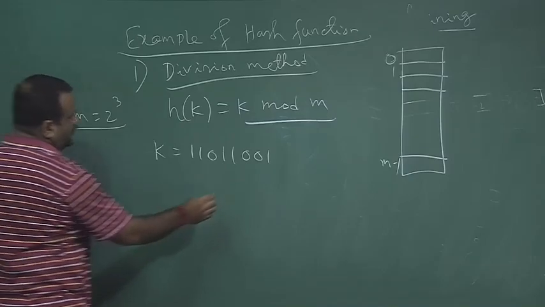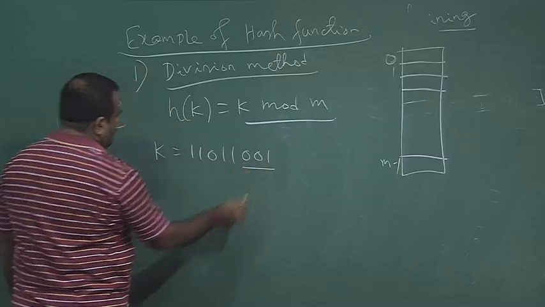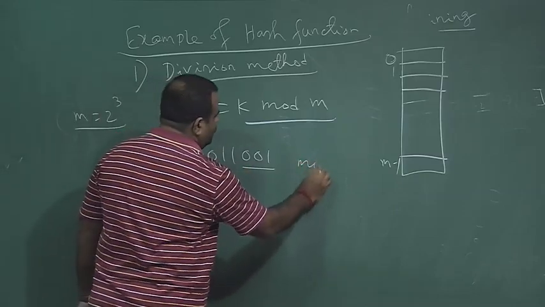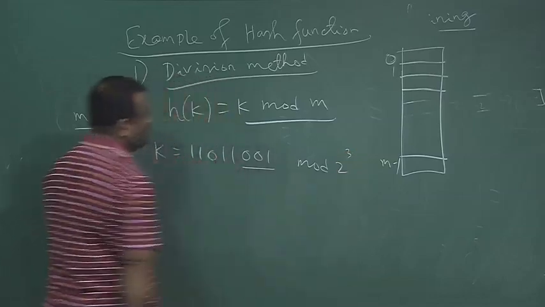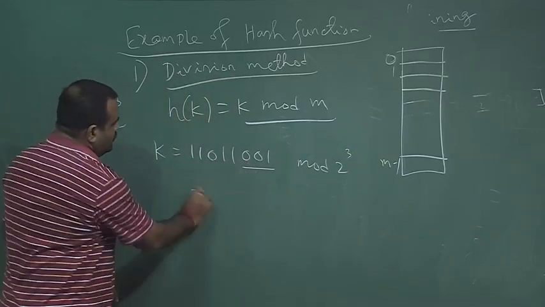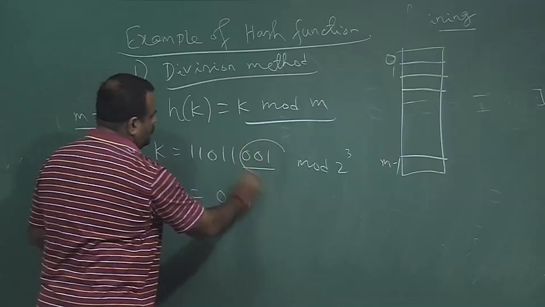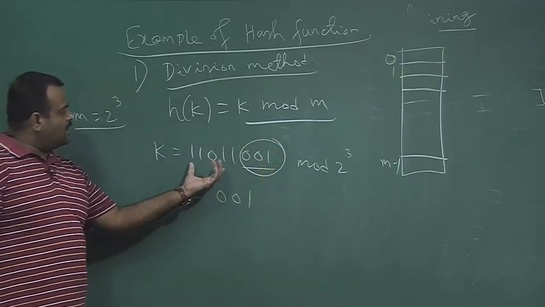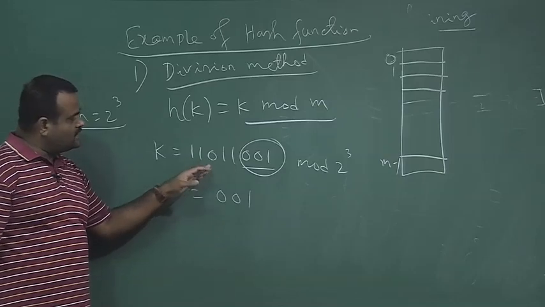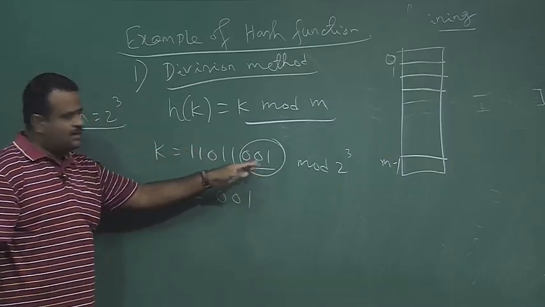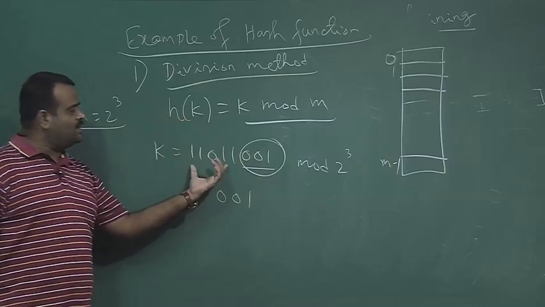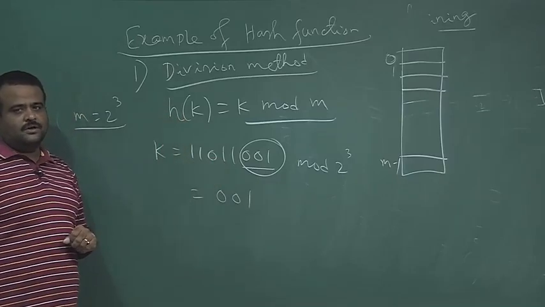Then k mod 2 to the power 3 is basically this value, this one. Whatever value is over here, if we choose different values for these bits, all the values collide here. So, there is a huge number of collisions; it is not caring about these most significant bits.